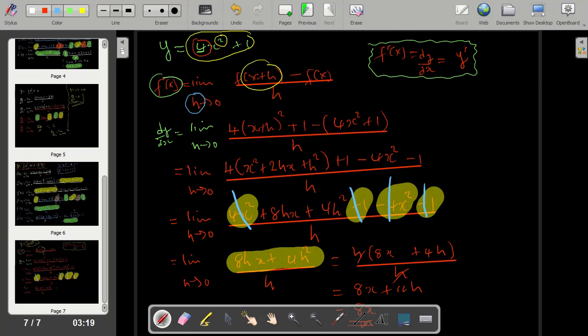It is h, the limit as h approaches 0, because it's the one we are interested in, if you take a look at our equation in the first place. So this is what you need to know about the first principle.